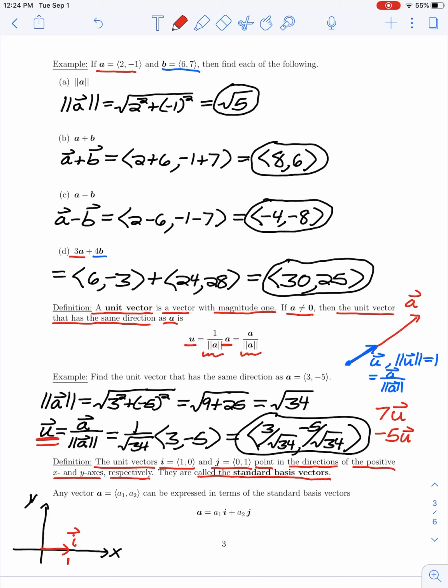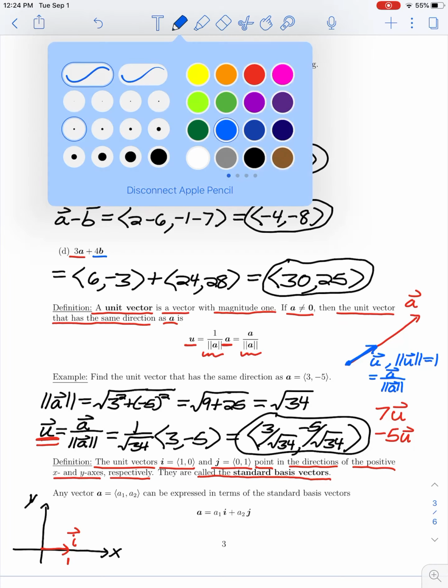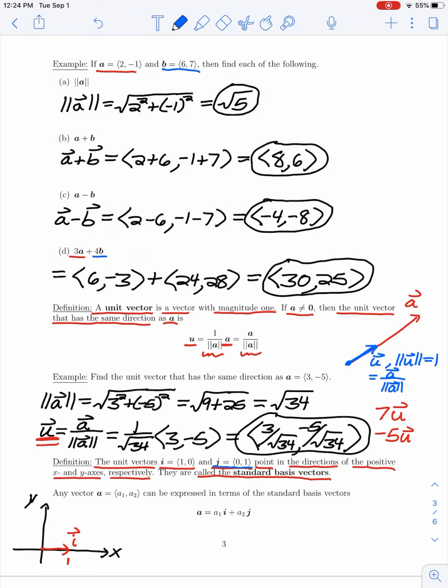We move from the origin 1 unit to the right and 0 units upward or downward. And the vector j, which is 0, 1, would have its initial point at the origin. We move 0 units to the left or right and 1 unit upward. So these are called the standard basis vectors.